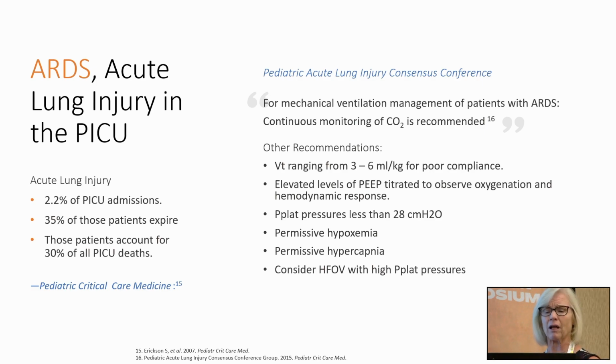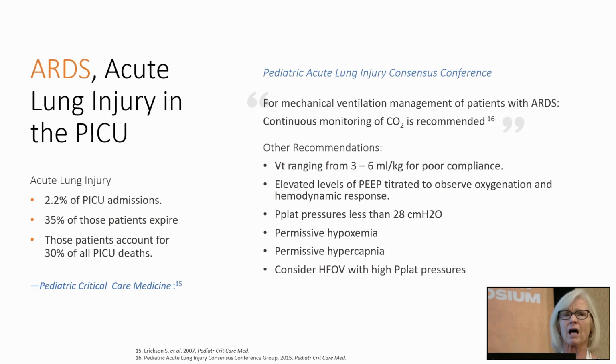And there are some recommendations. The Pediatric Acute Lung Injury Consensus Conference does make some recommendations on how to manage kids with ARDS. One of the things this conference says is we don't know a whole lot about it, a lot of these recommendations are based on adult studies, and we do need to study more in the pediatric population. So what we do know is based on lung physiology: keeping your tidal volumes lower, so lower tidal volumes with a higher respiratory rate, thinking about taking your PEEP up so that your opening pressure is less and you don't have that shear damaging pressure.